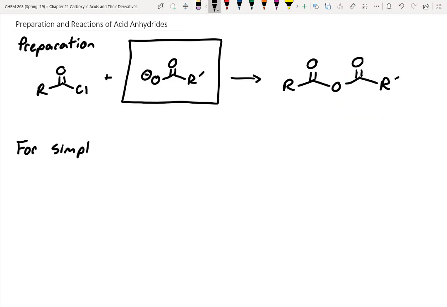For simple symmetric anhydrides, there's another method. And this is used to make a lot of commercial anhydrides, meaning reagents.